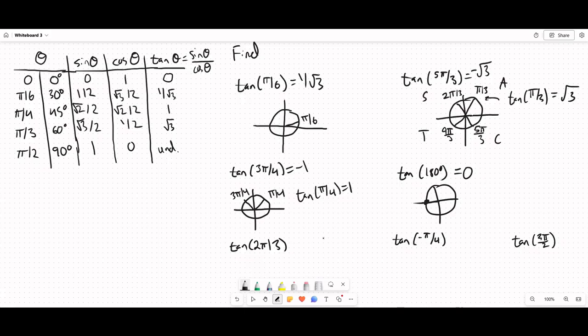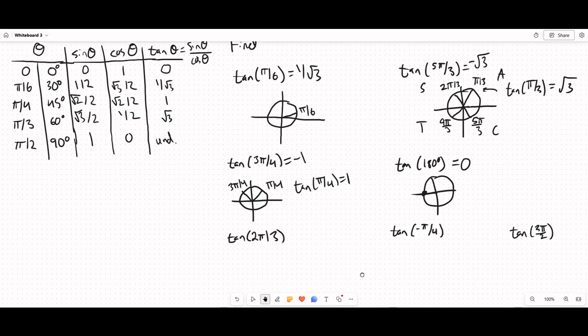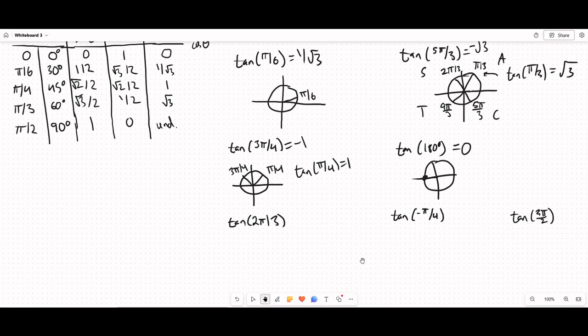Okay, let's do tangent of 2 pi over 3. I'm going to scroll down a little bit. You can still see most of the table. Okay, so we'll go ahead and draw our lines again. We have pi over 3, we have 2 pi over 3 over here. You know what, I'm going to change this problem. Because we've been doing a lot of things in quadrants 2 and 4, we need something in quadrant 3.